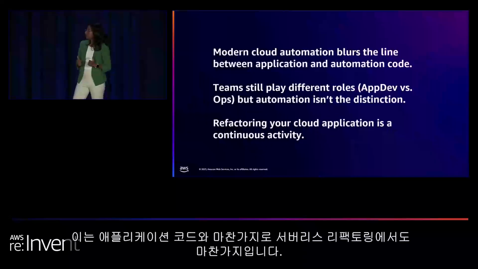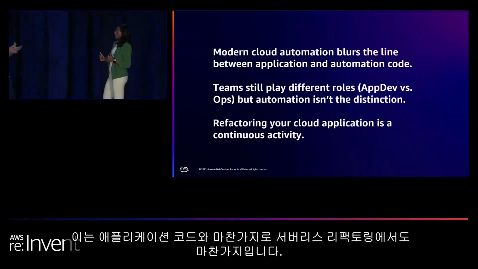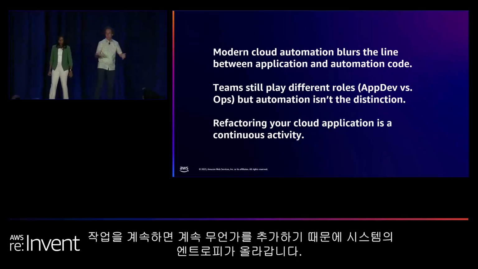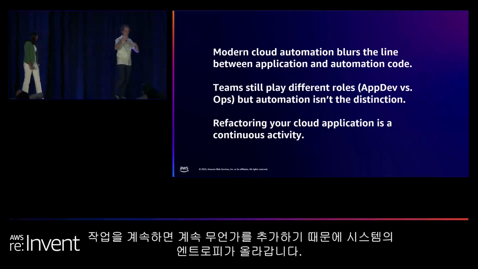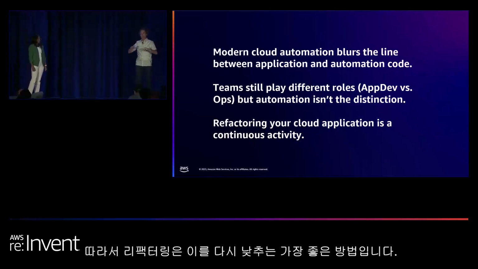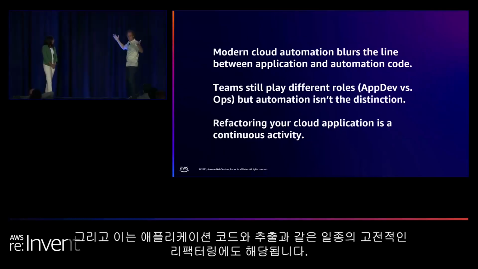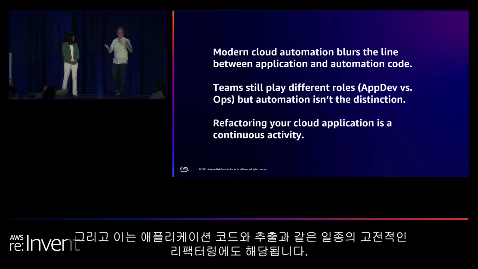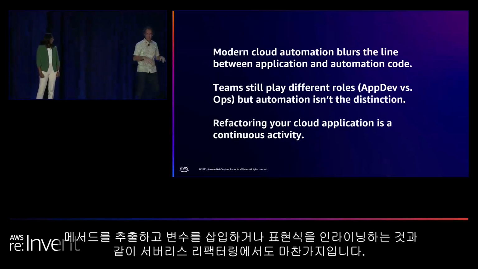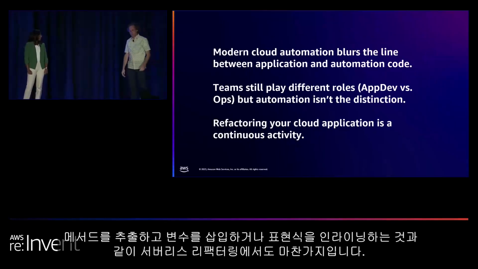Yeah, and that's really the same with serverless refactoring as it is with application code. As you keep working, the entropy of your system just goes up as you keep adding things. That's totally normal. So refactoring is the best way to bring that back down. And that is true for application code and classic refactorings like extracting methods, inserting variables or inlining expressions, as it is for the serverless refactorings.